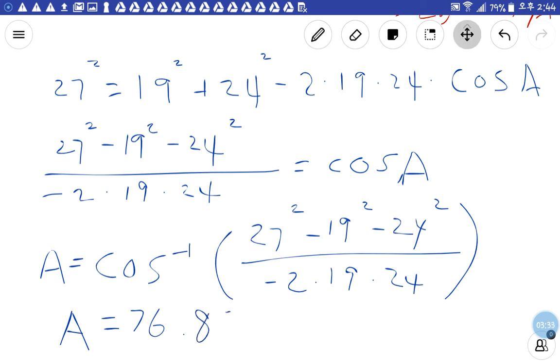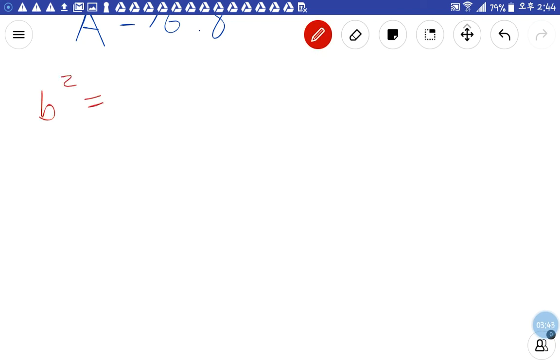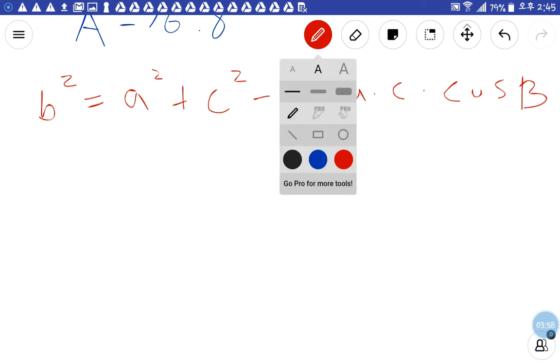Now I want to get angle B this time. What formula should I use? B squared equals A squared plus C squared minus 2 times A times C times cosine B. Please plug in all the numbers.